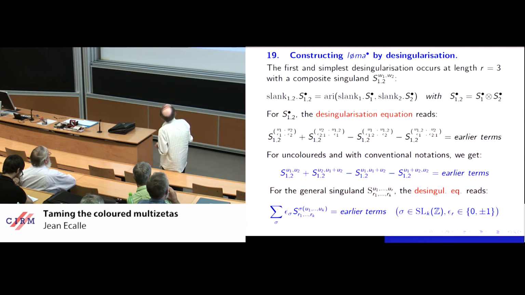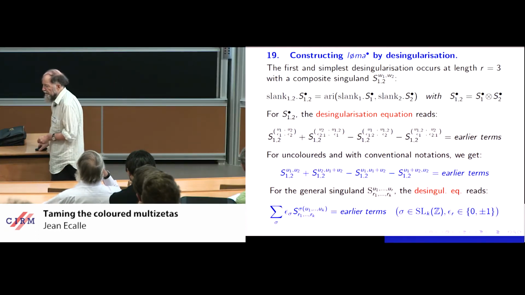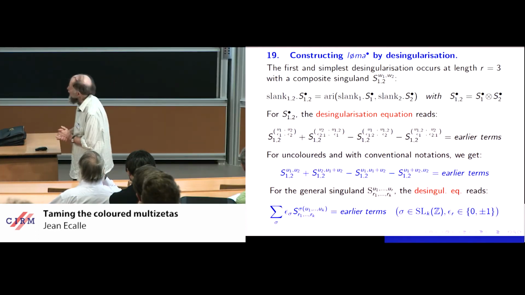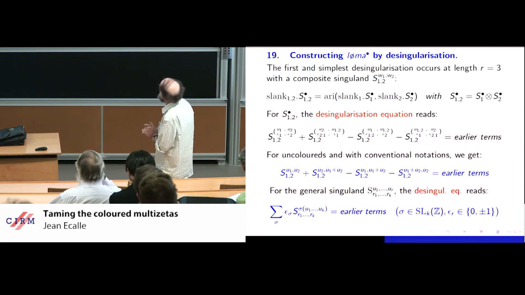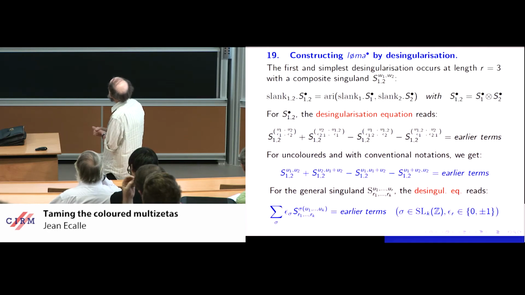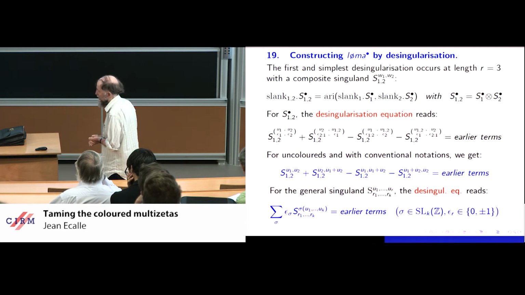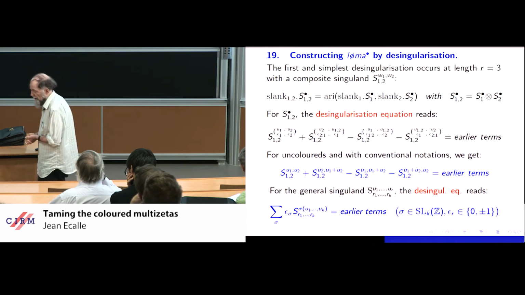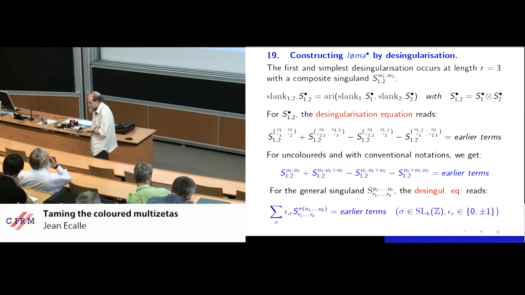So the thing is, in this induction you have to select your singulates, the polynomial moulds, very carefully, and that means that you have to verify certain equations, algebraic equations of a very specific type.